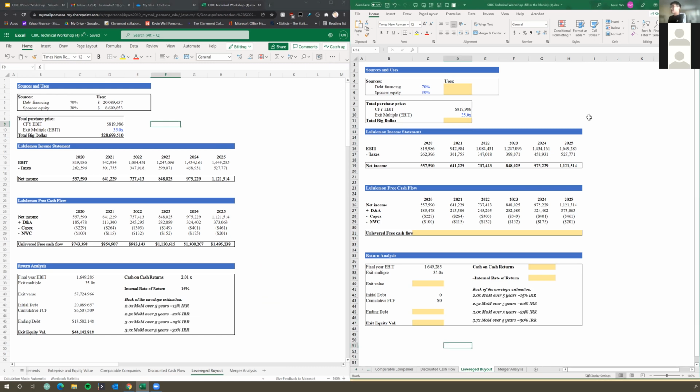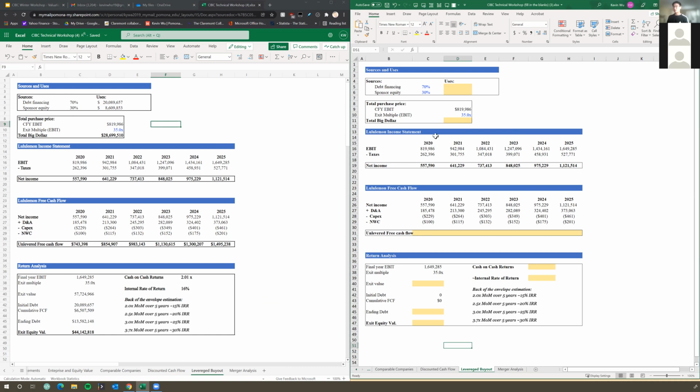Well, first I need to figure out how much money I'm actually getting through debt and how much money I'm putting down myself. So the best analogy that people will come to time and time again is always this house analogy. You have your $25,000 down payment, and then you have debt that you accumulate in the form of a mortgage that you pay interest on. And so the sources is just very much that.